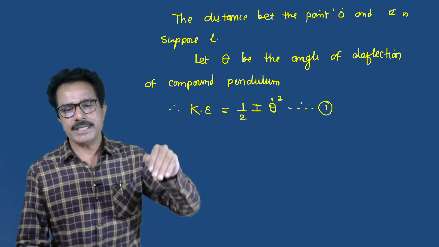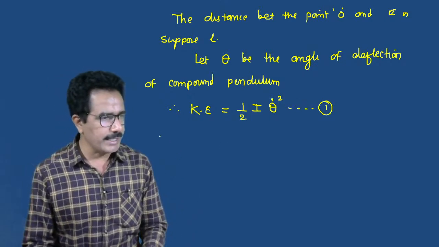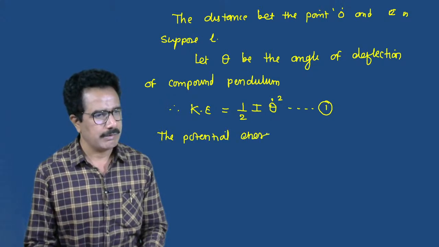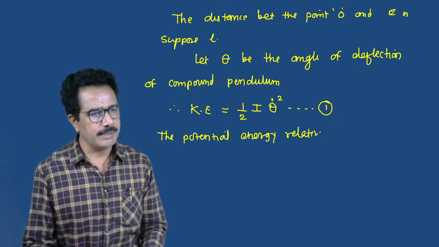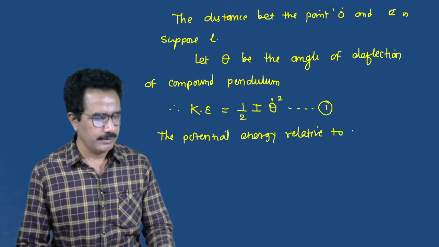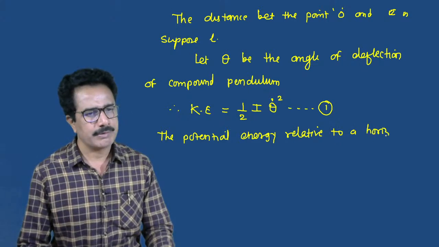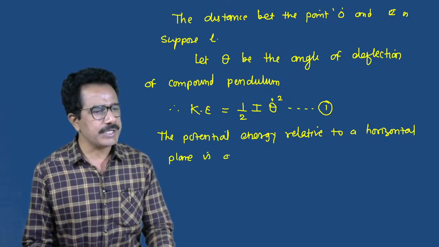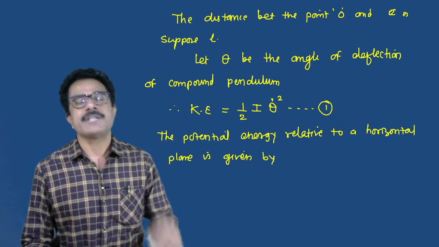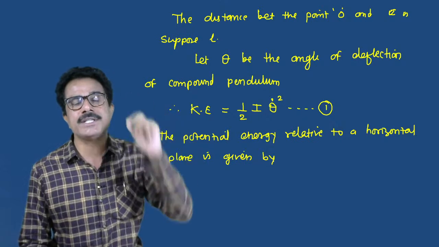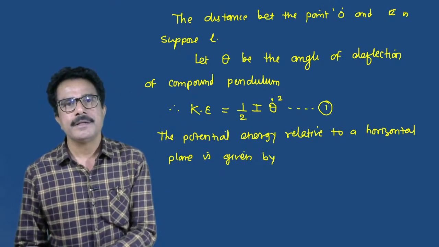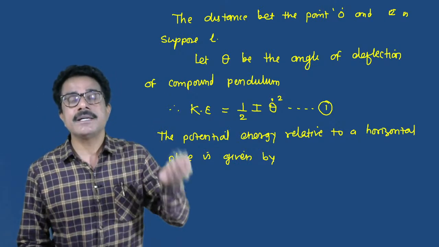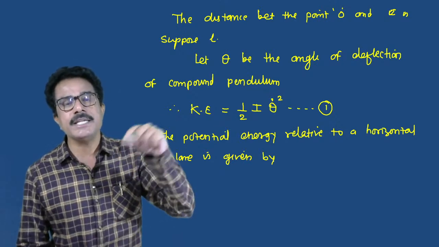The potential energy relative to a horizontal plane is given by mgh, but this height can be measured in terms of theta, that is L cos theta.